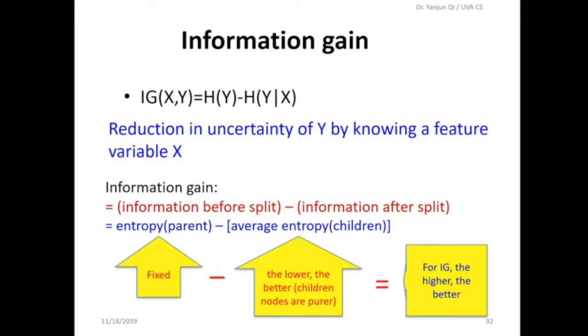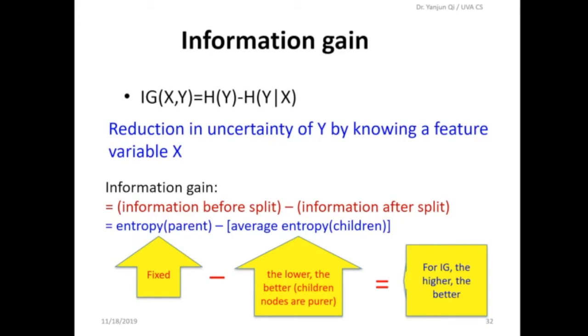So for the average entropy of the children, I want to pick the feature with large information gain, which means a smaller average entropy. The smaller the better, which means on average, the more pure the children nodes.